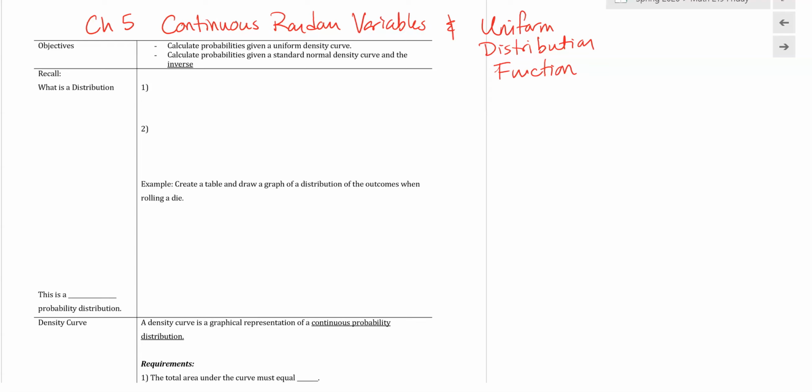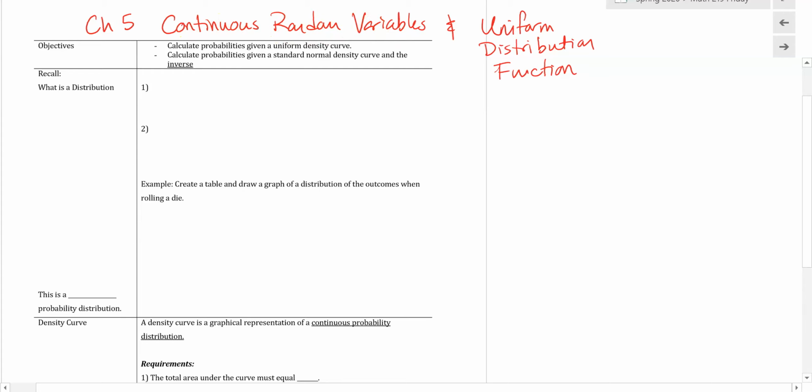Anyways, when you're dealing with continuous random variables, it's still this idea when calculating probability, I need to identify the type of random variable I have so that I know the correct set of formulas to use to calculate probability and expected value and all that good stuff. When you're dealing with a continuous random variable, though, it sort of changes a bit how we calculate probability.